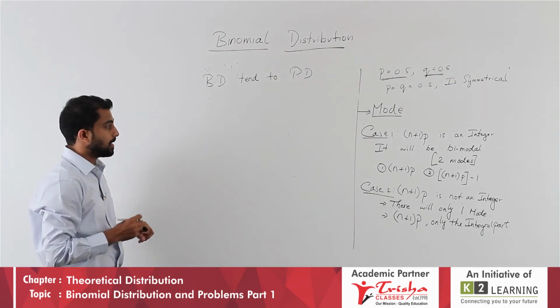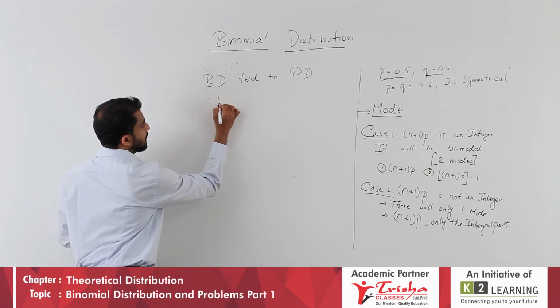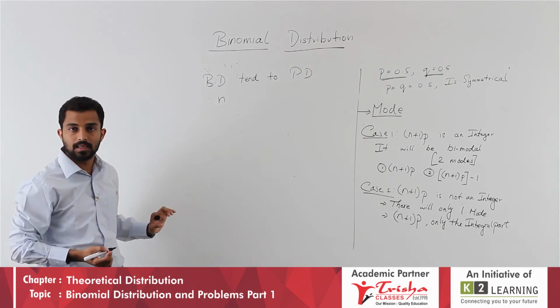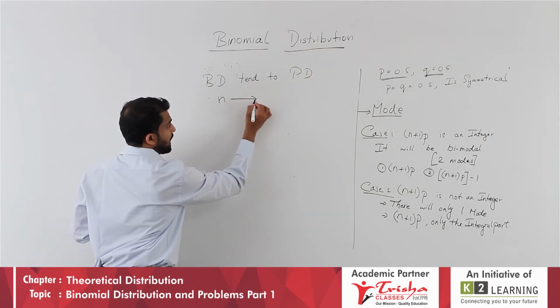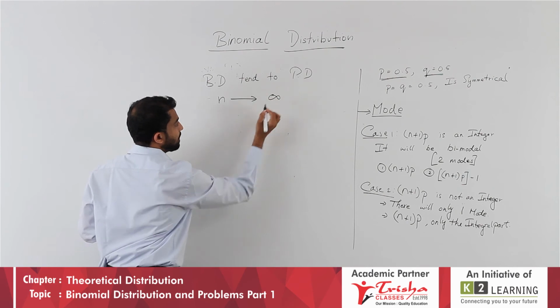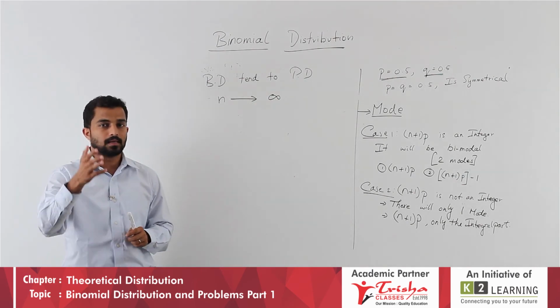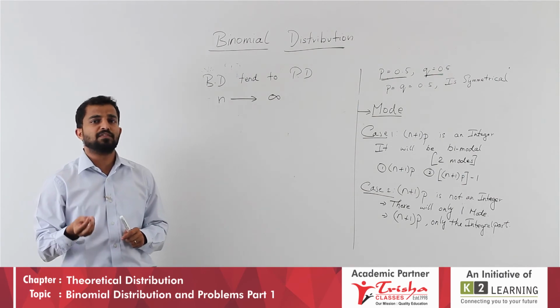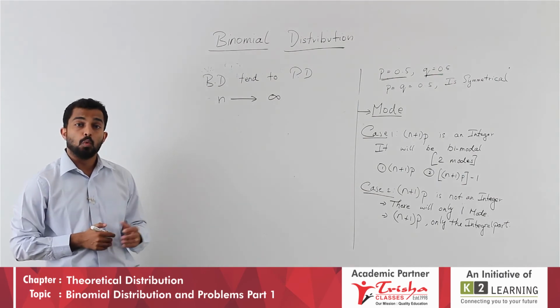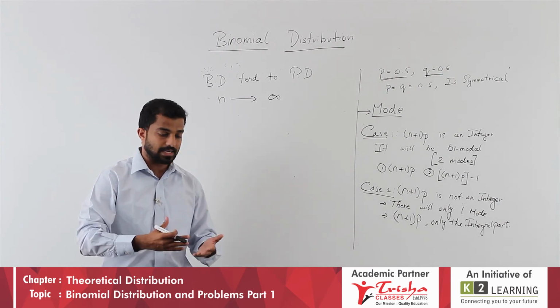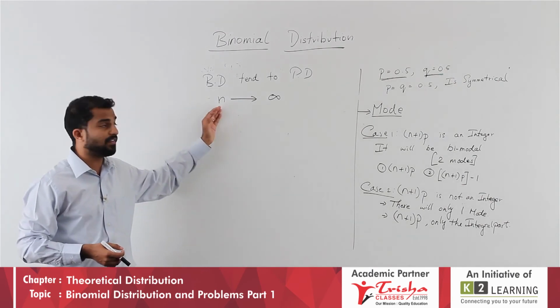One condition is that the number of trials n has to tend towards infinity. That means, 10 coins are tossed, 20 coins, 50 coins are tossed, it is okay. What if 100 coins are tossed, 200, 300, 500 coins are tossed? The data becomes large. It will be very difficult to calculate.